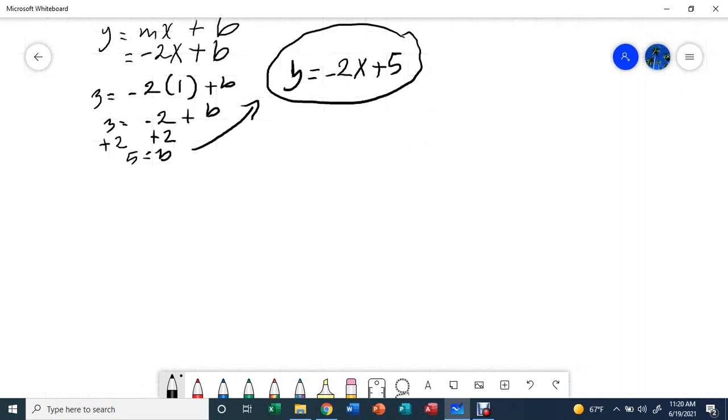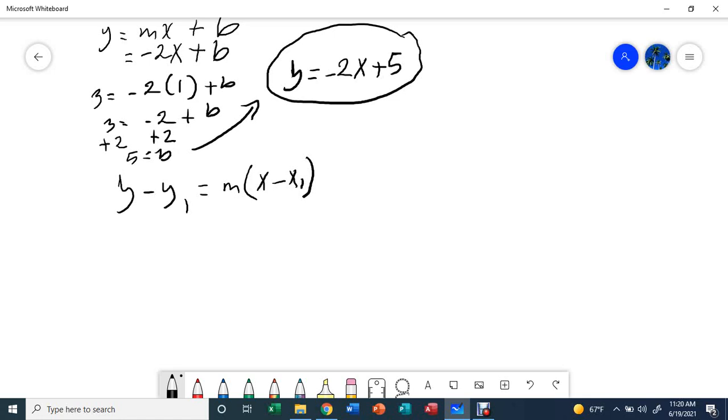Now, using the point-slope form, I need some space here. Let me show you the formula for the point-slope form. It's y minus y1 equals m, which is the slope again, times x minus x1. And it doesn't matter which point you use, you get the same equation.